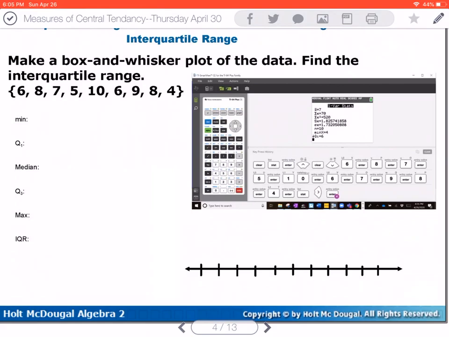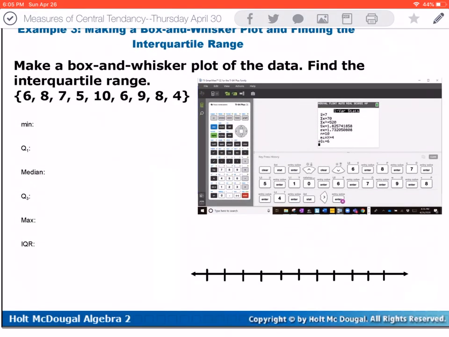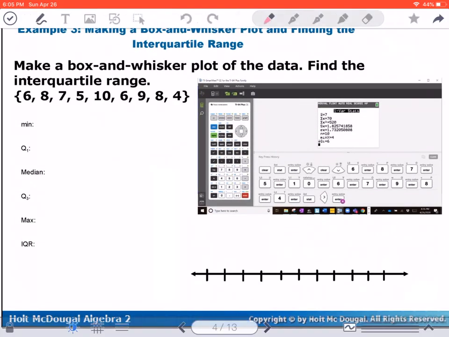So what is my minimum value here? My minimum X value that I see is 4. Okay, that is denoted by the min X. Okay, min X is 4. I want to know what is Q1. Well, Q1 is 5.5. My median, what is it? It is 7, right? If you arrow down, you'll see it. What's Q3? My Q3 is 8.5.